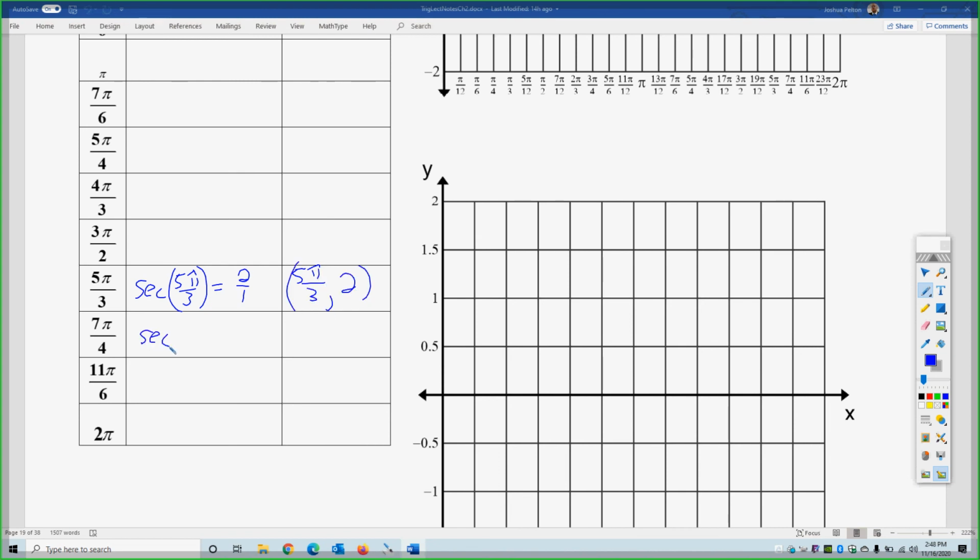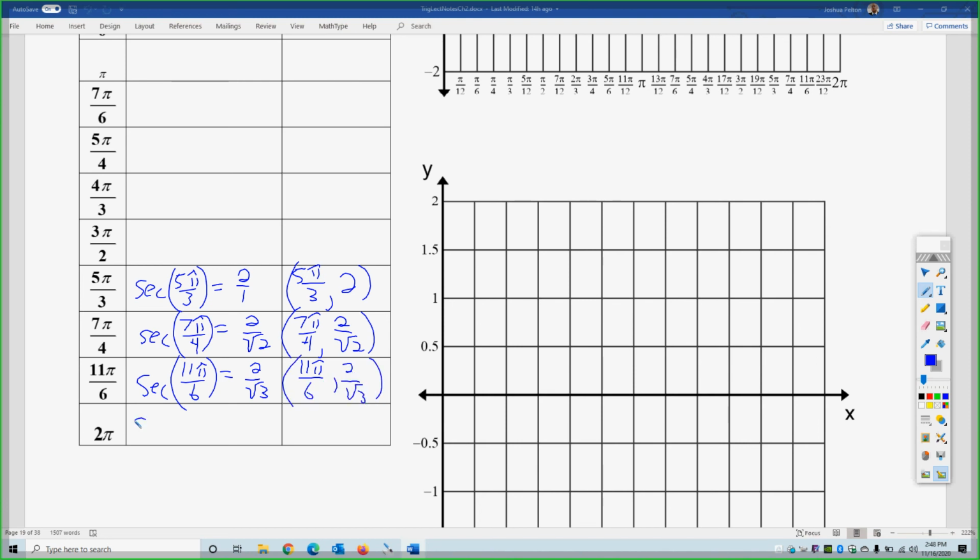And the secant of the 45-degree angle is 2 over root 2. So 7 pi over 4 is 2 over root 2. And the secant of the 30-degree angle in the fourth quadrant is 2 over root 3. So at 11 pi over 6, I am at 2 over root 3.